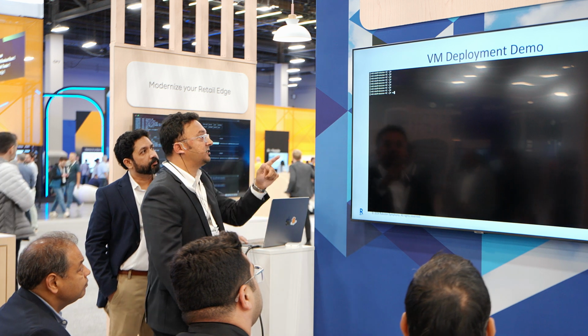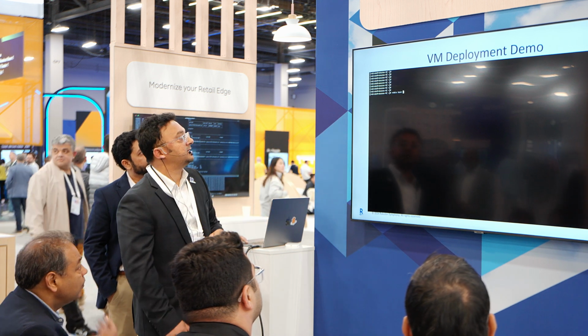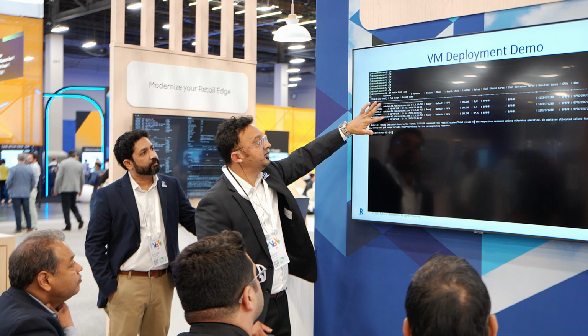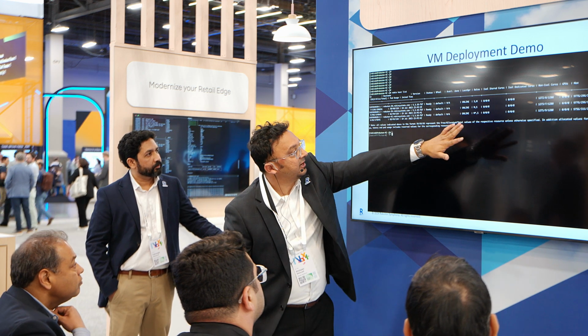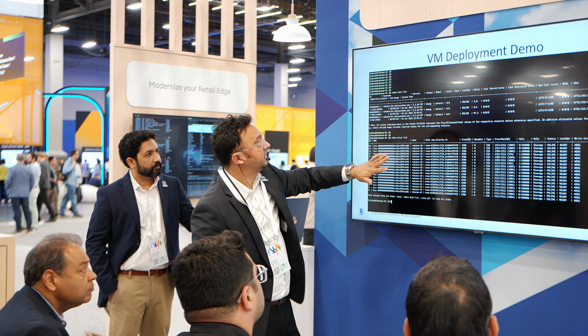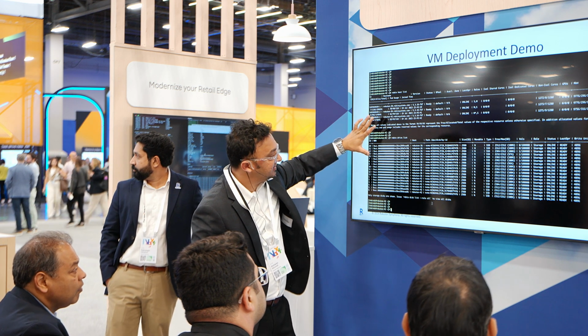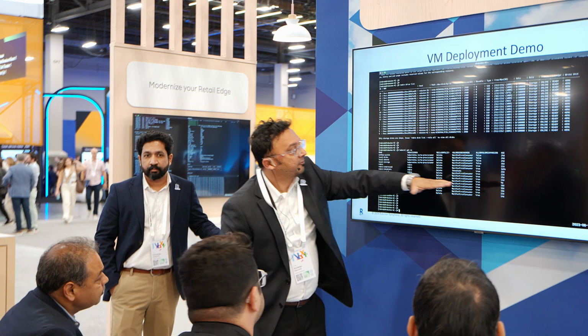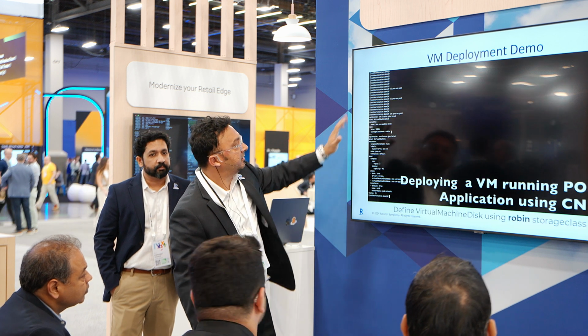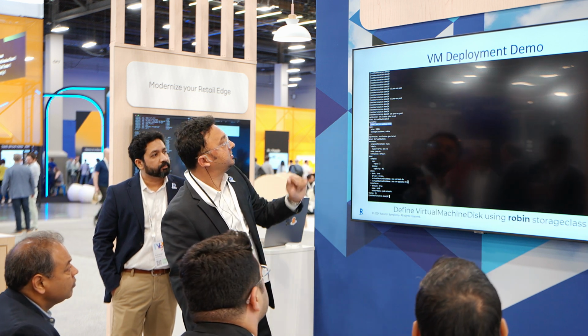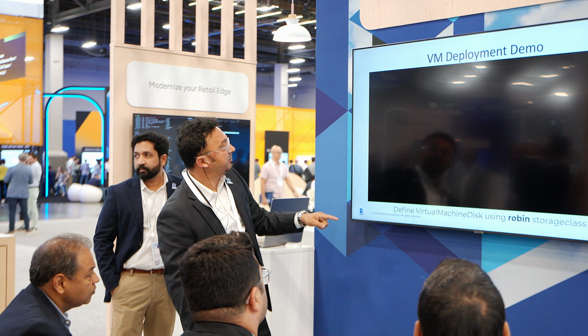So here's a quick demo of a sample deployment. Once Robin is installed, it discovers all the drives and all the resources of the edge Kubernetes cluster, creates a pool of all the storage, and then deploys. And here it's deploying a simple point-of-sale application.